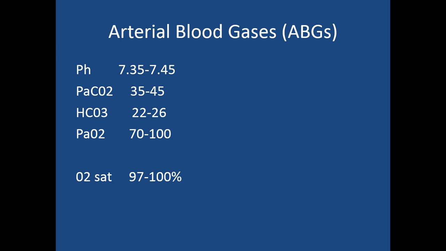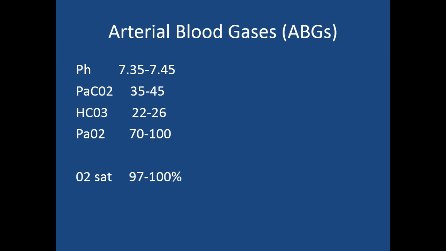Our blood pH should be between 7.35 and 7.45, and changes in oxygen and carbon dioxide will change our pH. Our CO2 levels in the body should be between 35 and 45. Our HCO3, which is our base, helps to neutralize acid, should be between 22 and 26.